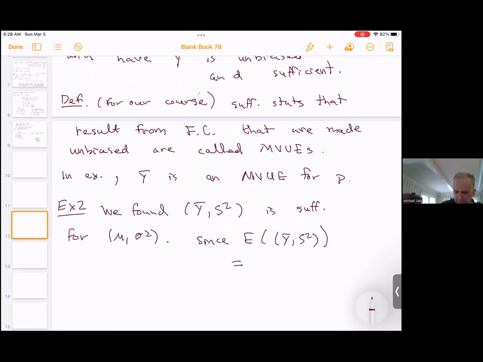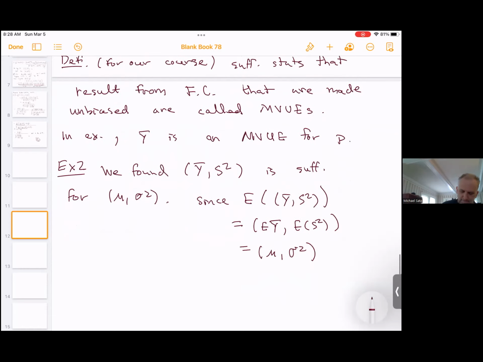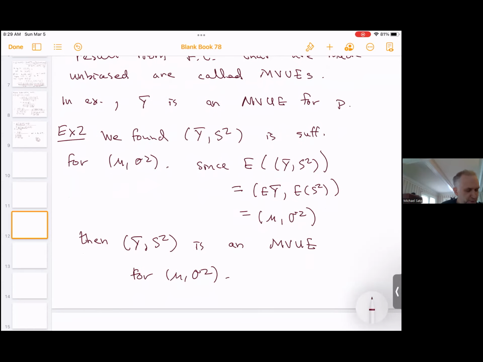So this is equal to mu, and this is equal to sigma squared. So the two statistics that we're the most familiar with.